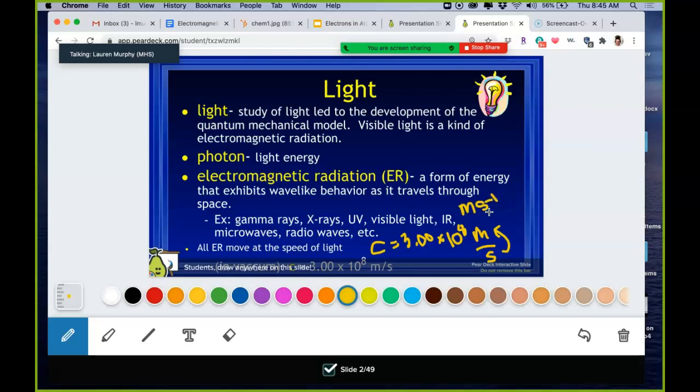Minus 1 means this is in a denominator. So if you have x to the minus 1, it means 1 over x. So s to the minus 1 means 1 over s, so it's meters over s. I just want to show you a different type of notation that you might see. I will tend to write it this way most of the time, but this is not wrong. I just want you to be aware of it.